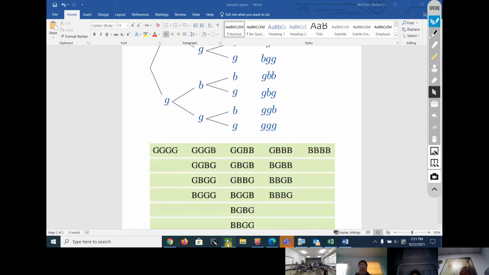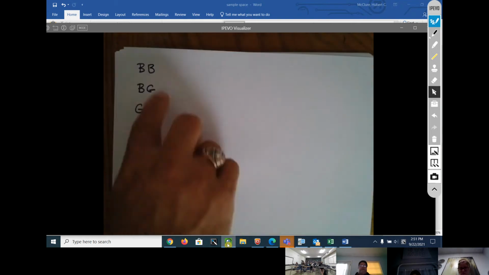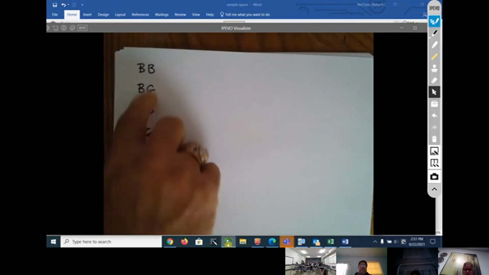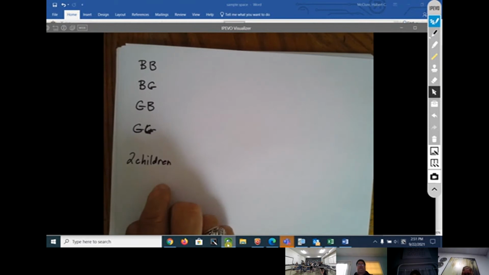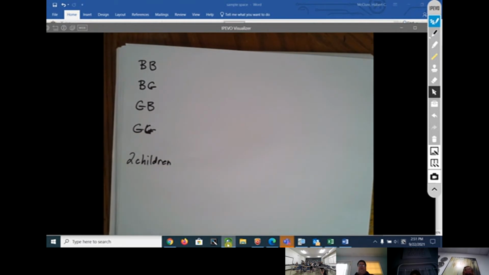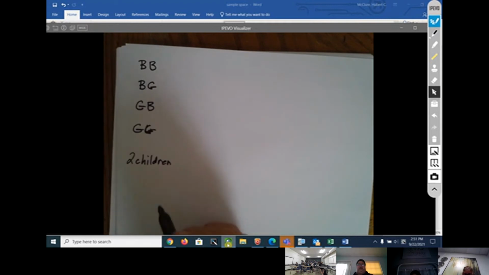Going back to this one right here. What else do you think you can use with this one? What else has a 0.5 probability? Besides boy, boy, girl, girl.